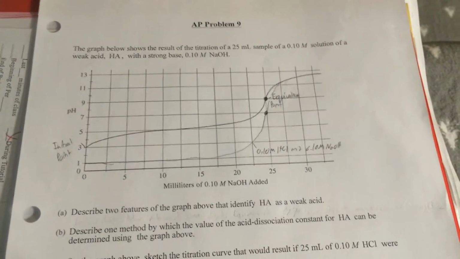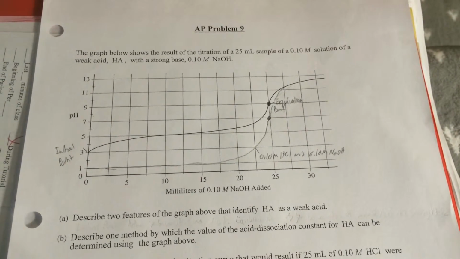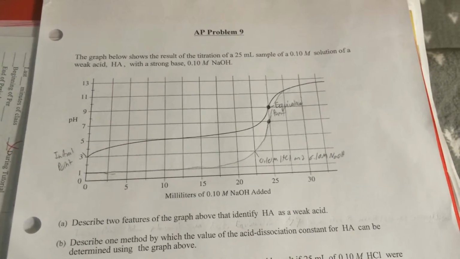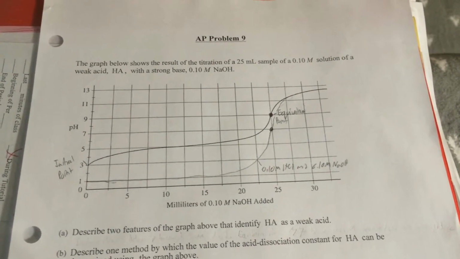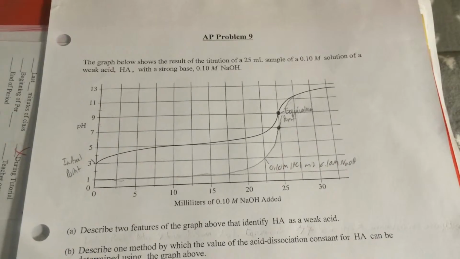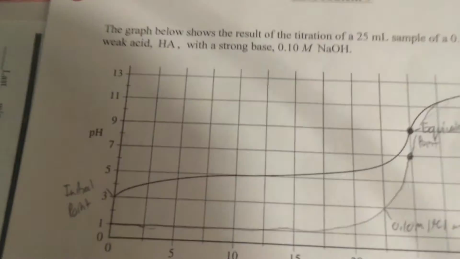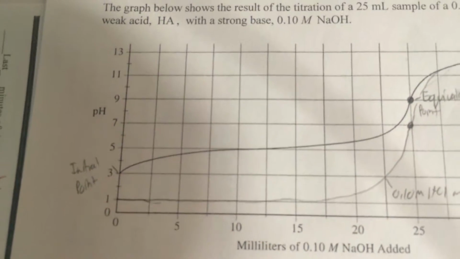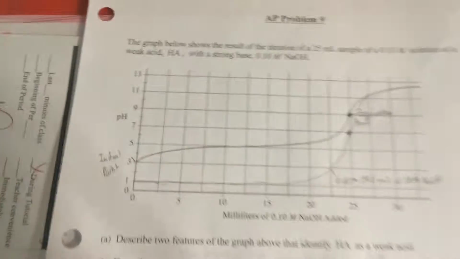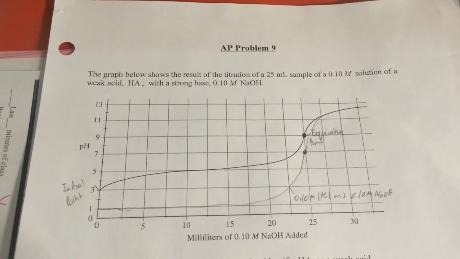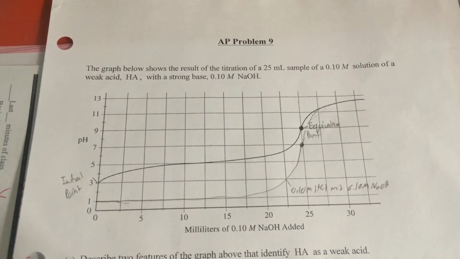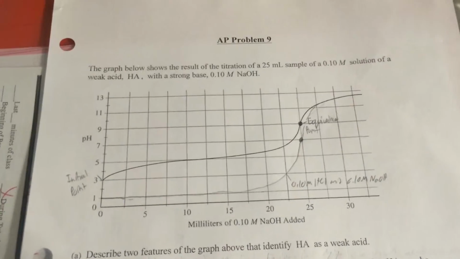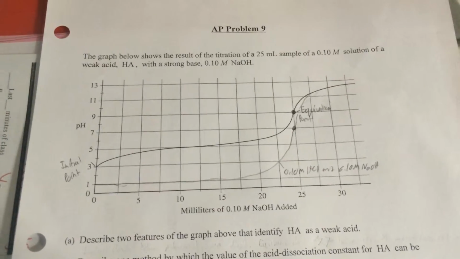Question A says, describe two features of the graph above that identify HA as a weak acid. The first point that can show us it is a weak acid is the initial point right there at a pH of 3. The initial point is where no milliliters of NaOH or any base has been added, so it is just the acid.